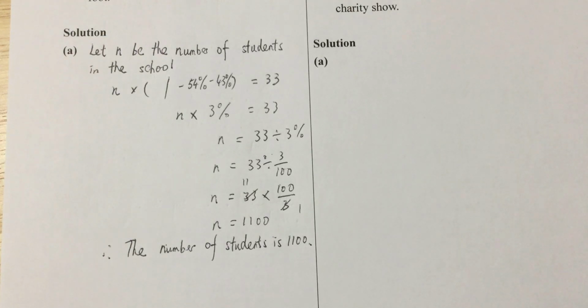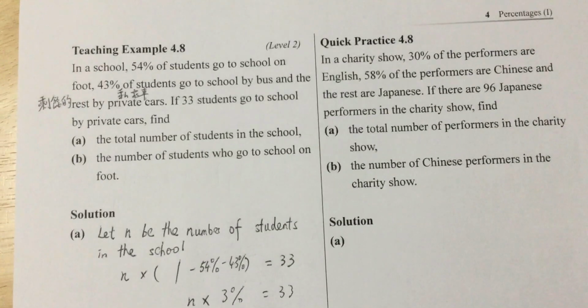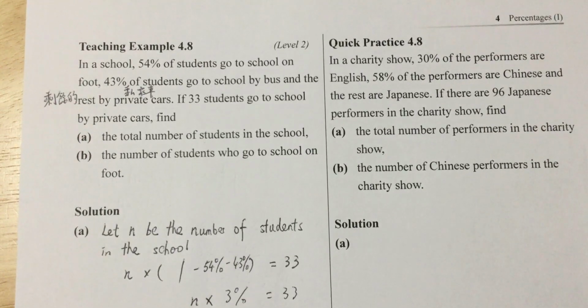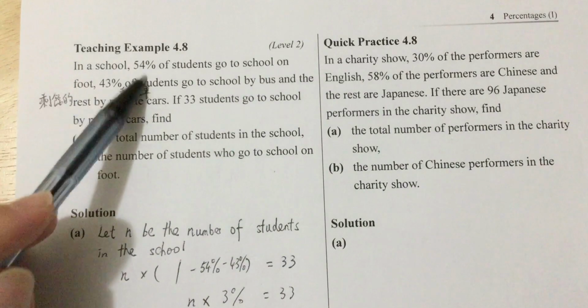And now we're going to calculate the number of students who go to school on foot. This is part B. Okay, we go back to the question. Obviously we will use the total number, that is the whole number, times the percentage to get the part. And the part for on foot, you see 54%.